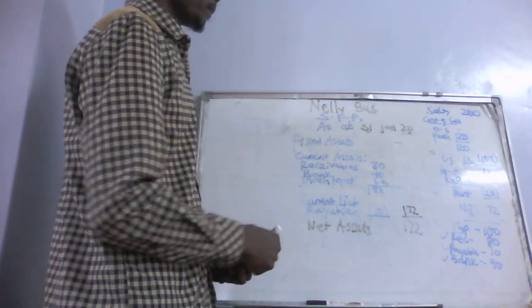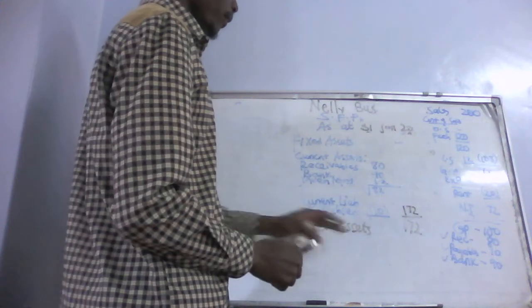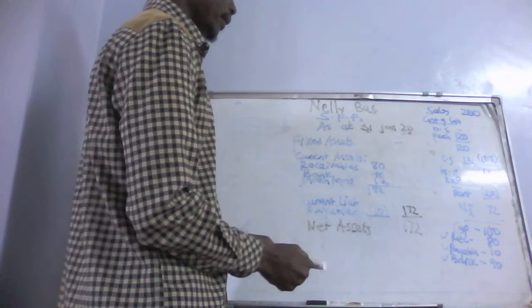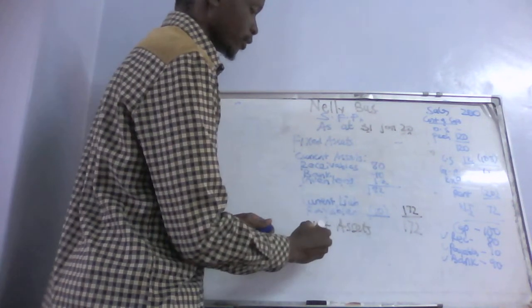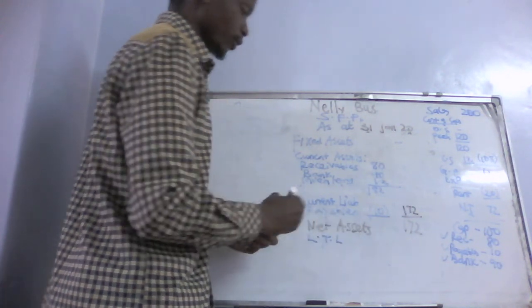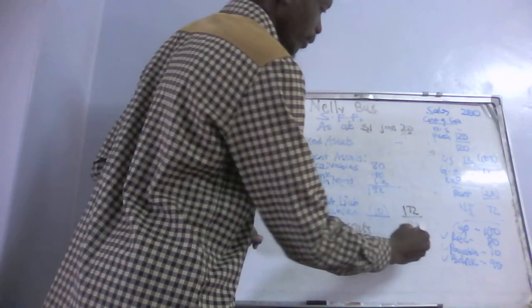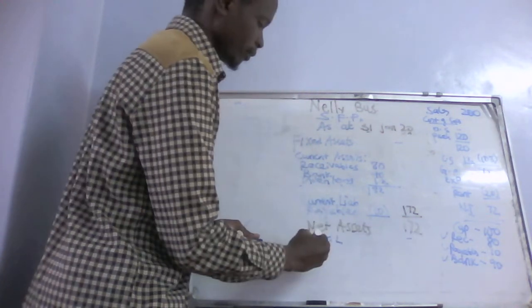Okay, so the sources of funds for this is long-term liabilities. So we will have long-term liabilities, of which here we have 0. Then we have equity.